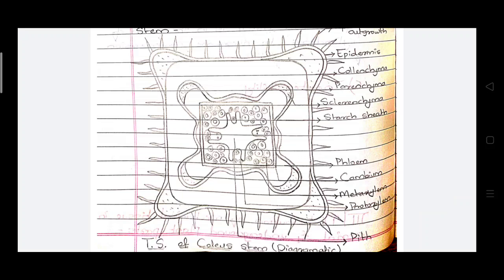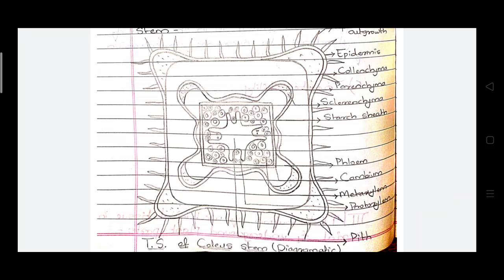Then in the square outline, inside the phloem, there is the cambium present, and inner to the cambium there is the xylem.